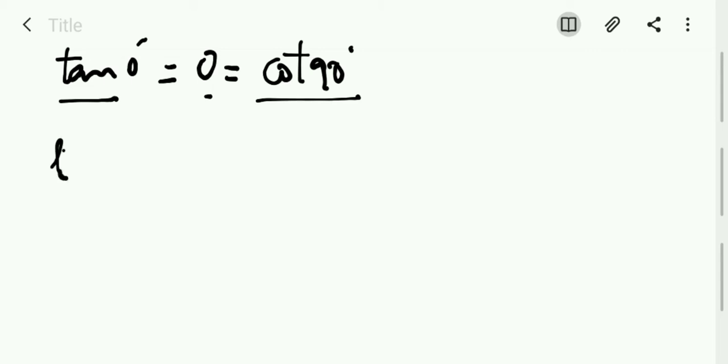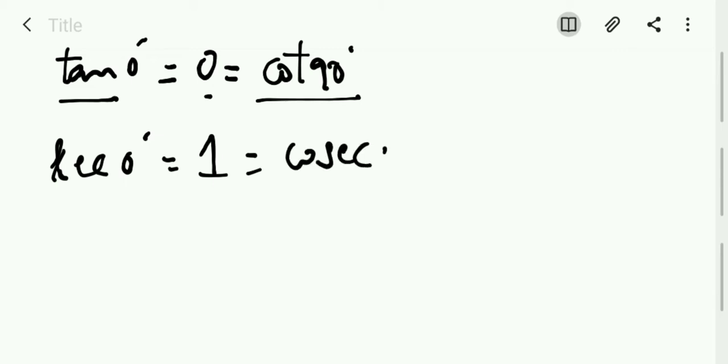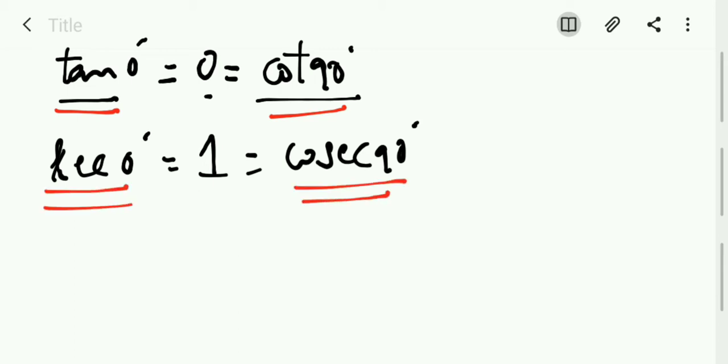In the same way, what is secant 0 degree? It is 1, and this also holds for cosec 90 degree.